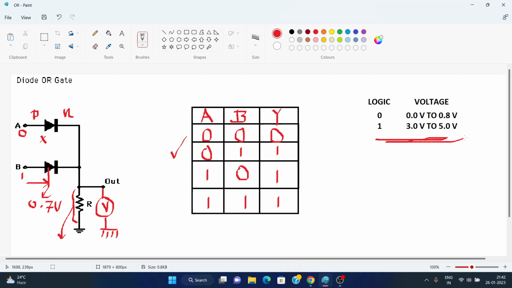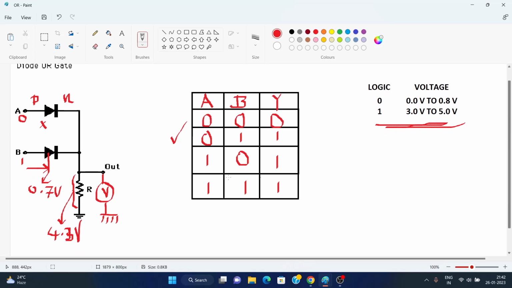From this chart we can see this is 4.3 volt voltage drop across the resistance, and so we get output as high.